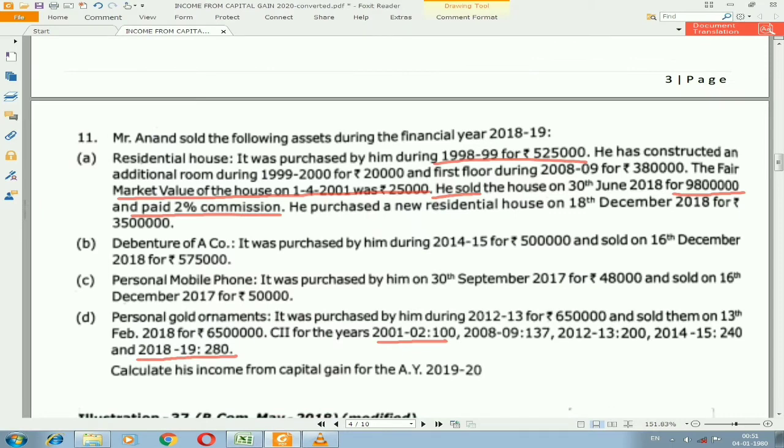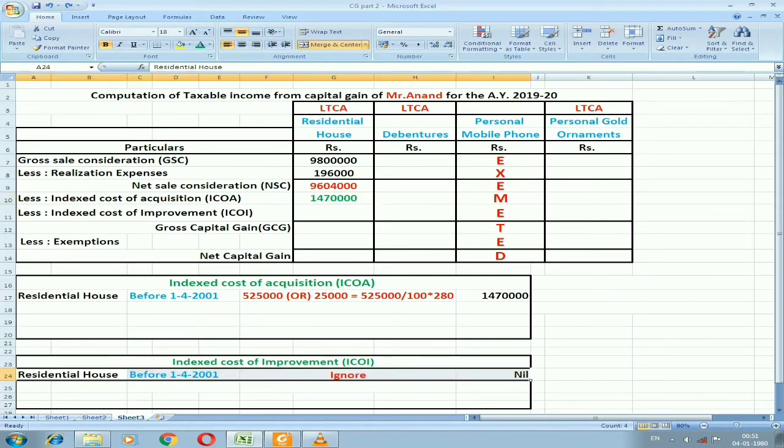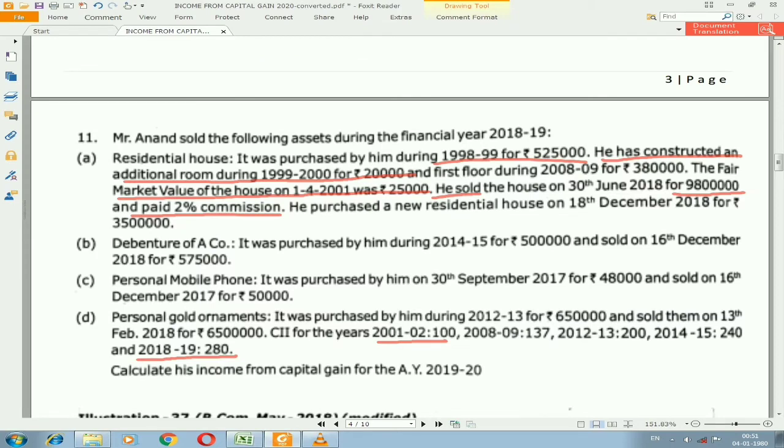Then I need to check with the improvements. We have 2 improvements on this particular asset. One improvement is the additional room during 1999-2000 for rupees 20,000. This improvement was made before 1/4/2001, so it will be ignored, as you can see in the working note. Then we have one more improvement, first floor during 2008-9 for rupees 3,80,000.